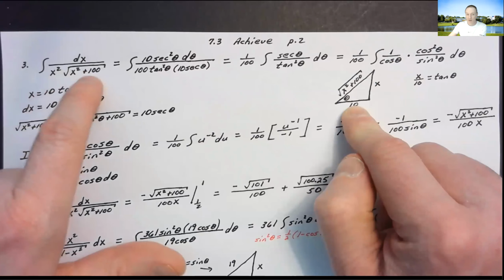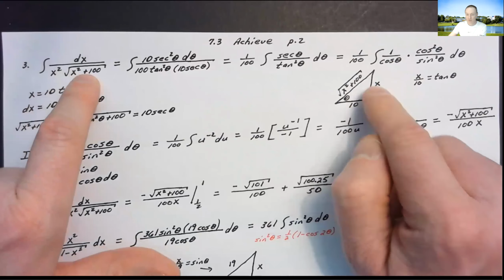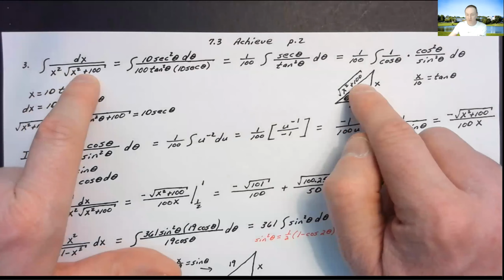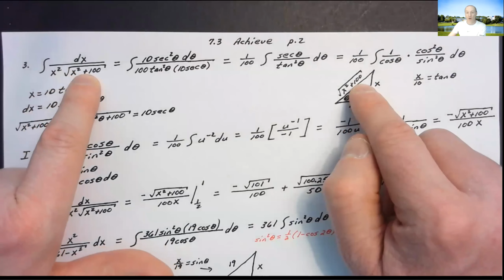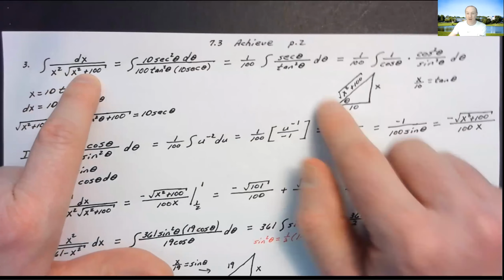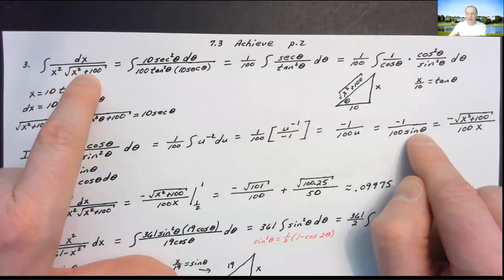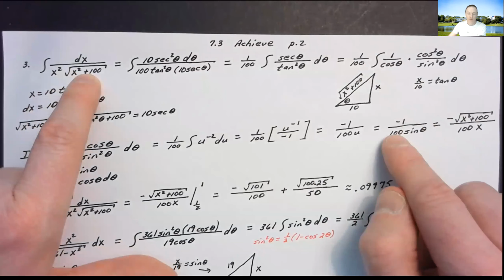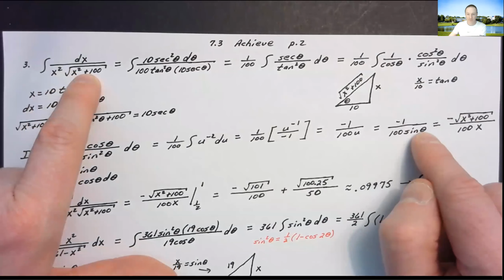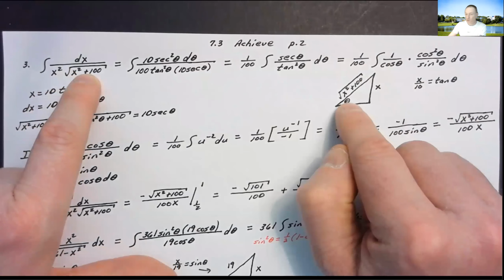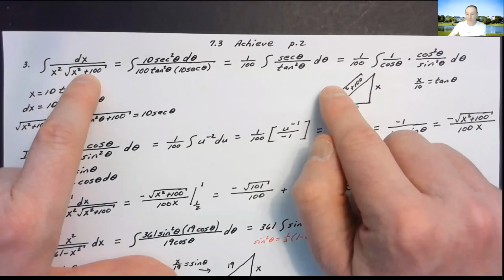And yet again, please remember, an expression from the original problem must pop up in your trig triangle or else you're wrong. Well, we're right. So now I have my trig triangle. I go back in and I have -1 over 100 times the sine of theta. Sine of theta would be opposite over hypotenuse.